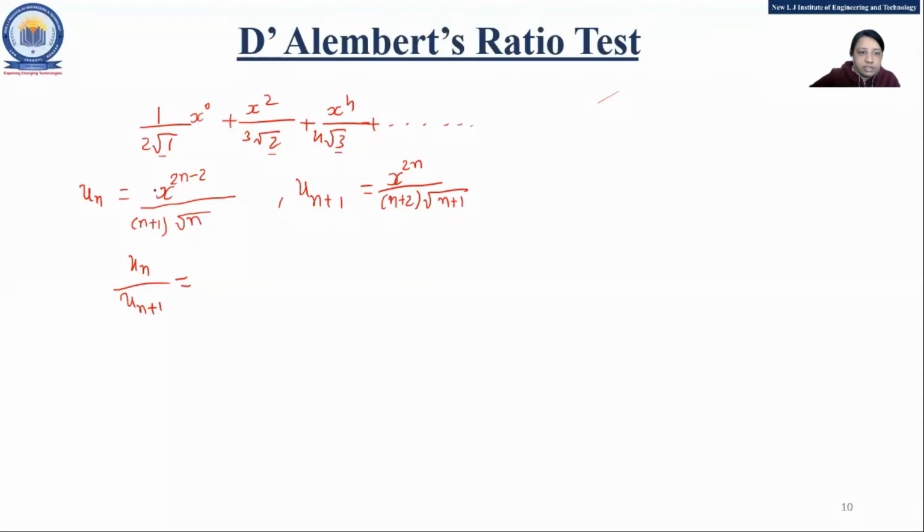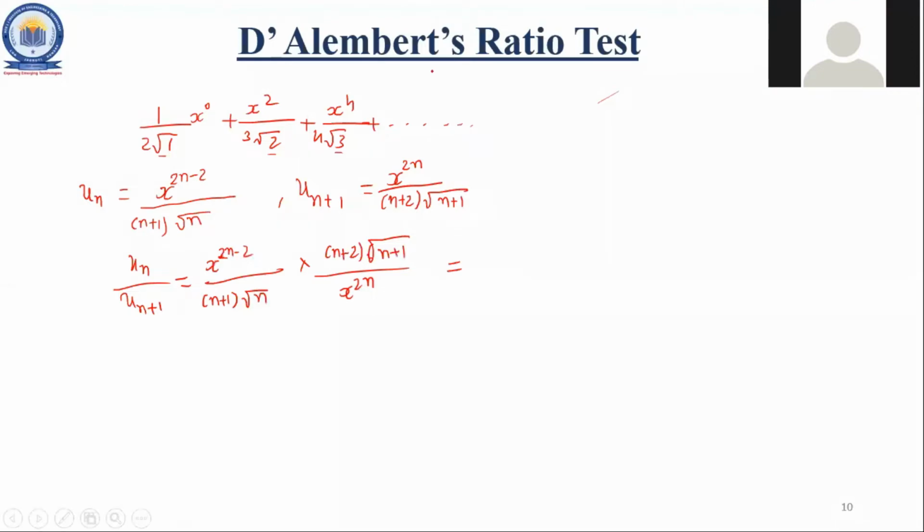So this upon this, I'll write down the step: 2n minus 2 upon n plus 1 root n into n plus 2, that will go into the numerator, n plus 1 upon x raised to 2n. So what should be the answer of this again? Here x raised to 2n, x raised to 2, right? So what is supposed to be cancelled?